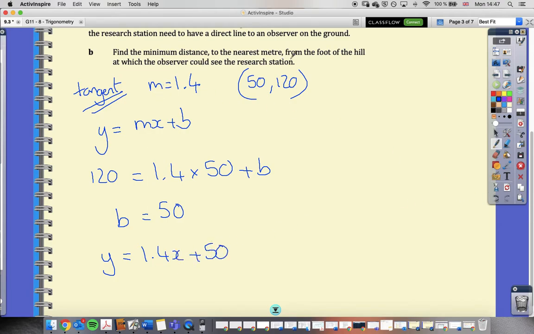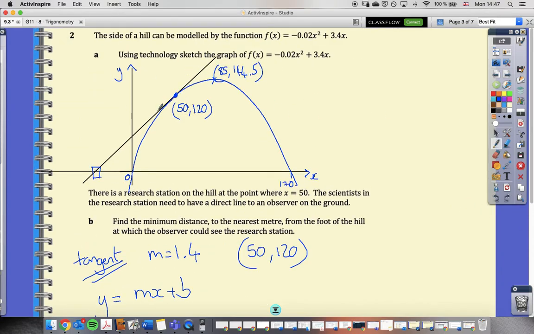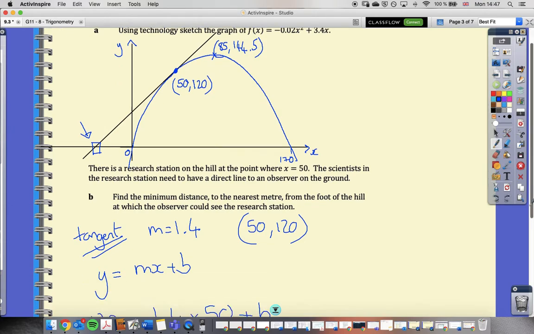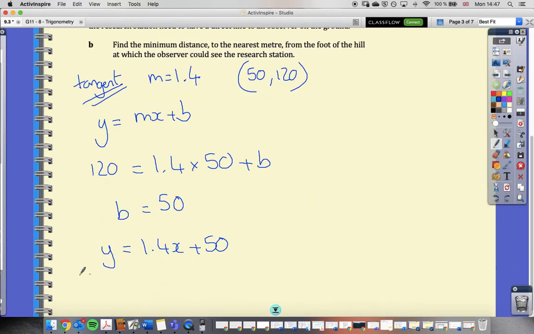Okay, thinking back to the question, I haven't found the answer yet. I found the equation of this line. So now I want to find this point here, which is the x-intercept. We are going to make y equal 0.